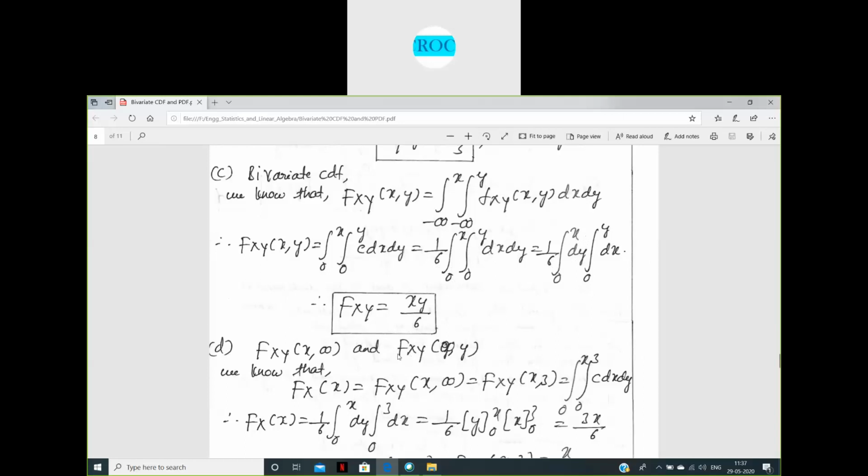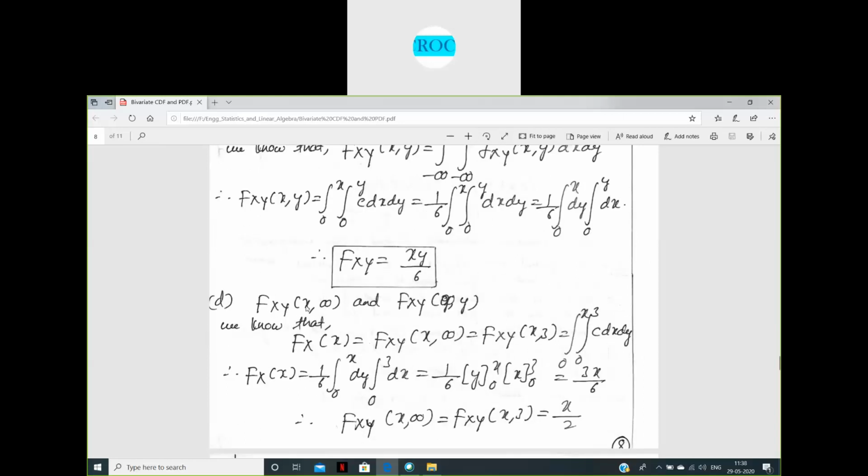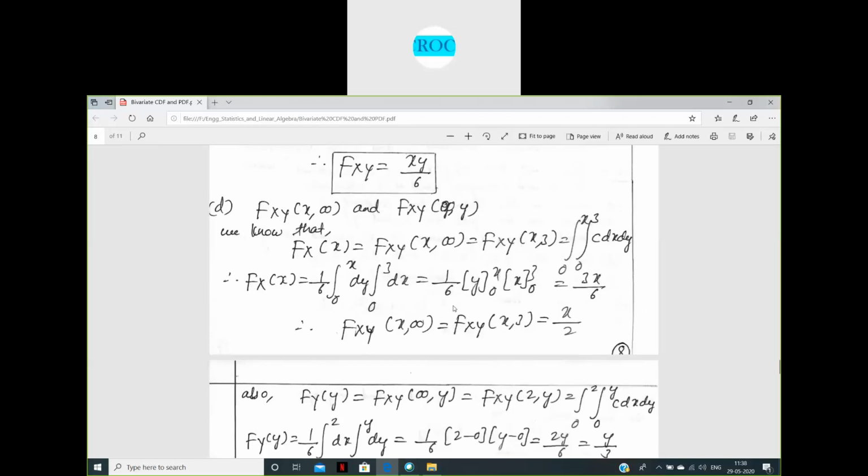Next, what you need to calculate is Fxy of x comma infinity and Fxy of infinity comma y, the cumulative distribution function when y is less than or equal to infinity, and the cumulative distribution function when x is less than or equal to infinity. And how do you calculate this one?